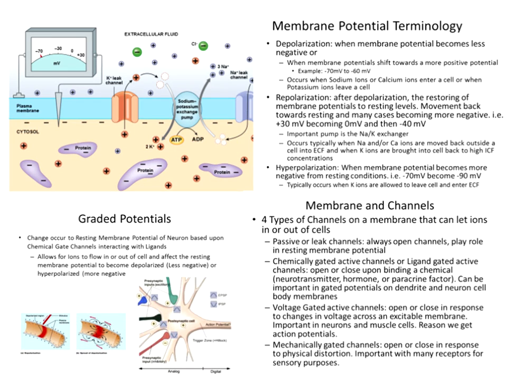But in many cases, it takes multiple graded potentials to summate, or add together, to create enough strength at the initial segment of the axon to generate an action potential. And in many cases, materials being released to a neuron are generating some graded potentials that are excitatory and some that are inhibitory, and they're canceling each other out.